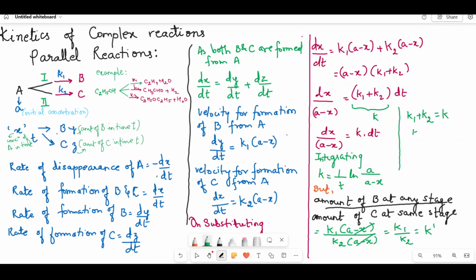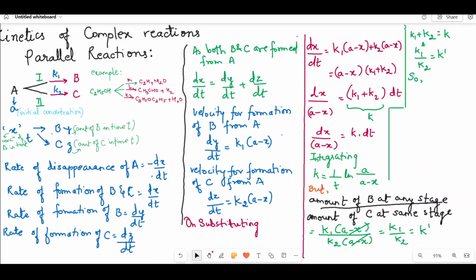And k1 divided by k2 is equal to k dash, we have found it here. So we can say k1 is equal to k2 k dash.